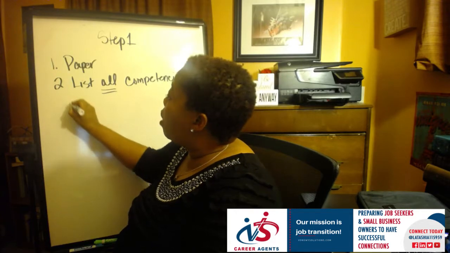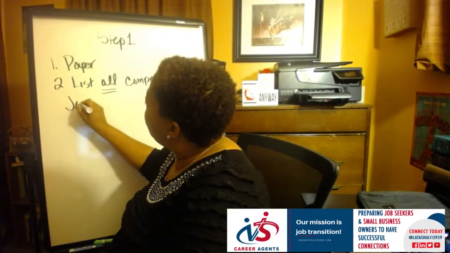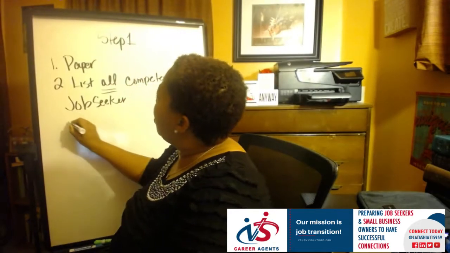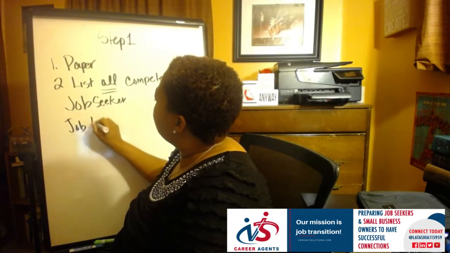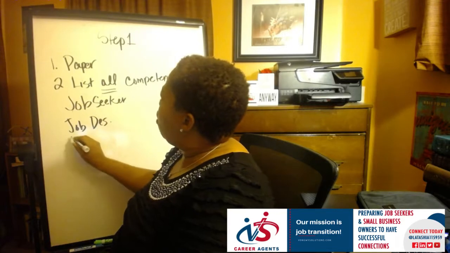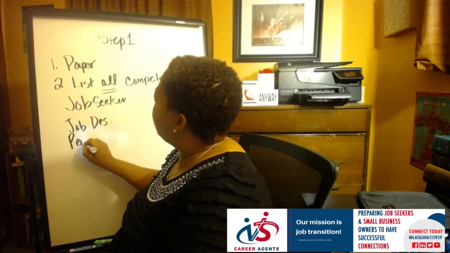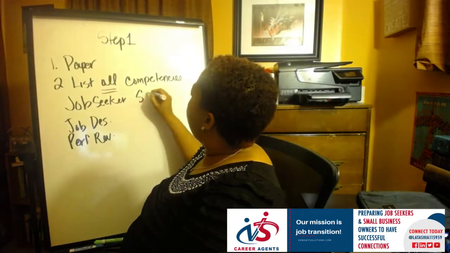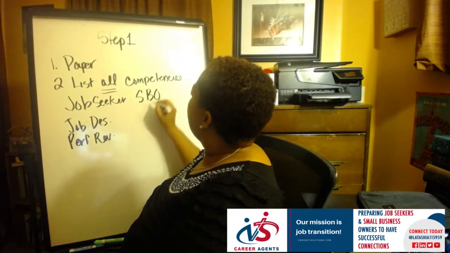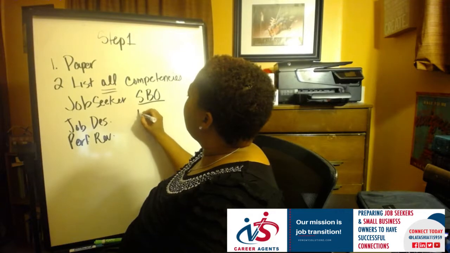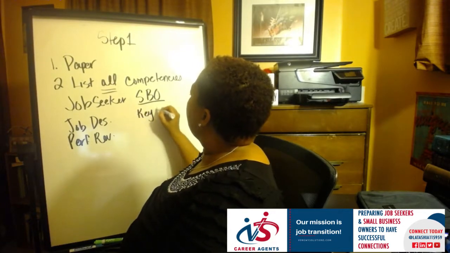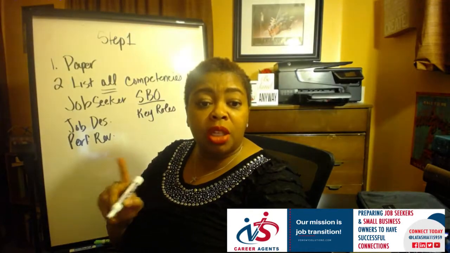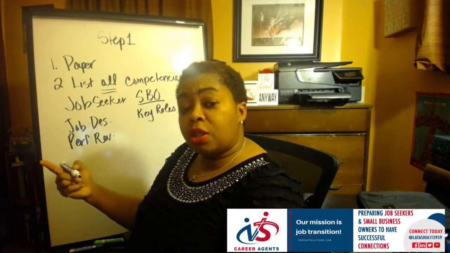If you're a job seeker, you will begin by grabbing your job description or your past performance review. If you are a small business owner, you're going to look at the key roles in your organization. If you have a job description, you're going to look at those competencies.